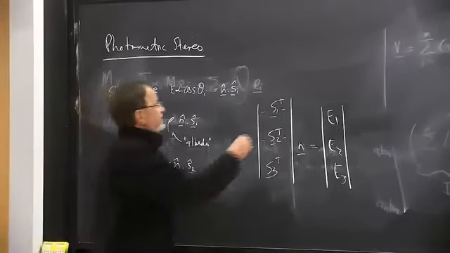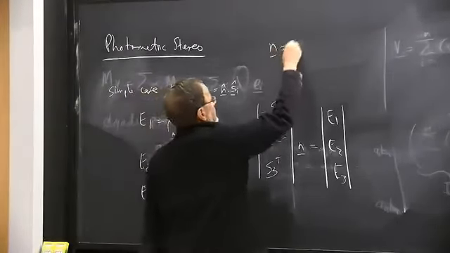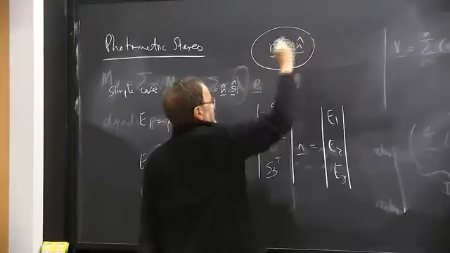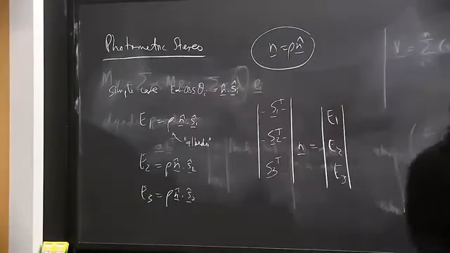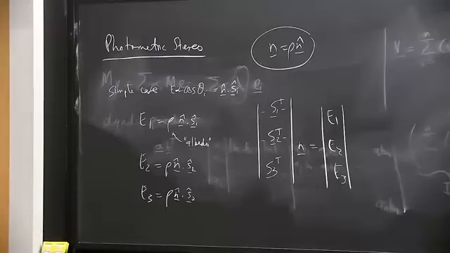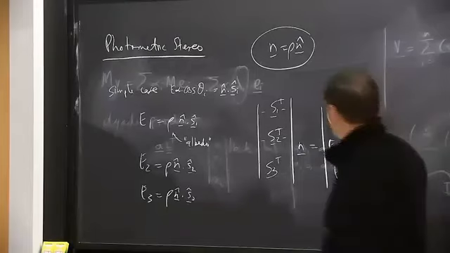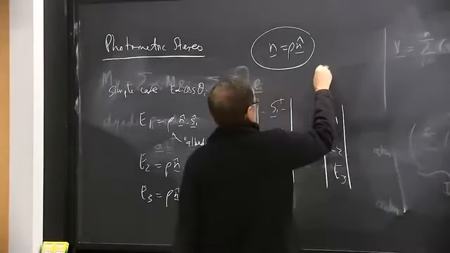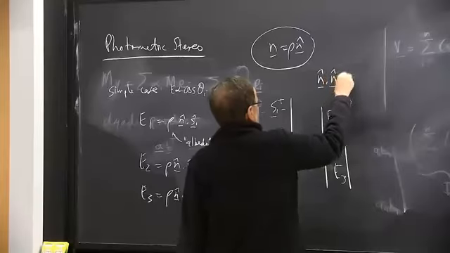Here I'm using the shorthand notation. So I'm absorbing that lambda into the n, and that's convenient because now instead of having to deal with a unit vector, I have an arbitrary 3 vector, and that means I don't need to deal with the nasty nonlinear constraint.